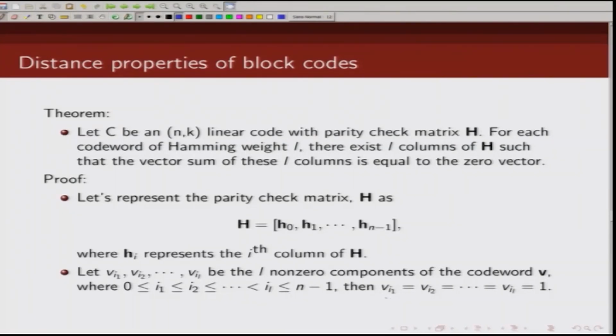And since these are the non-zero components of the code word, at these locations v will be 1, and at other locations where there are 0 components, the values of v will be 0.